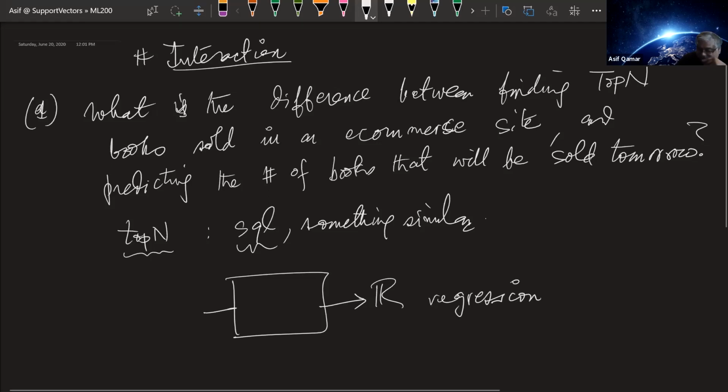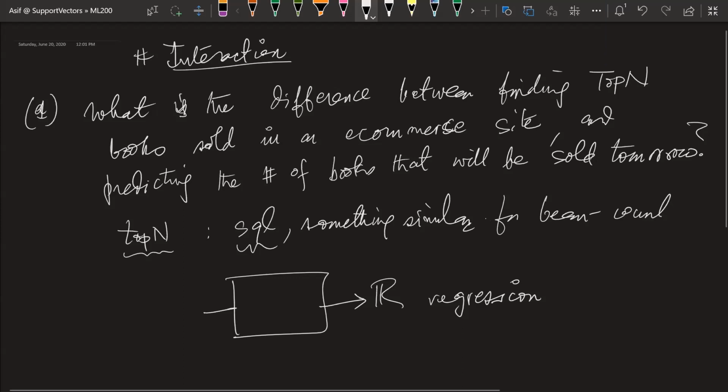So would you say that the second one is also data science or not data science? Who would like to answer? The first one you guys are saying is data science. You need some SQL or some sort of bean counting. That's just CPU work. What about the second one?